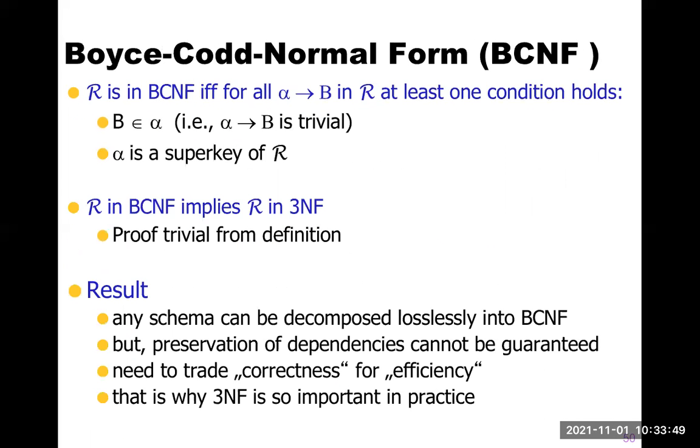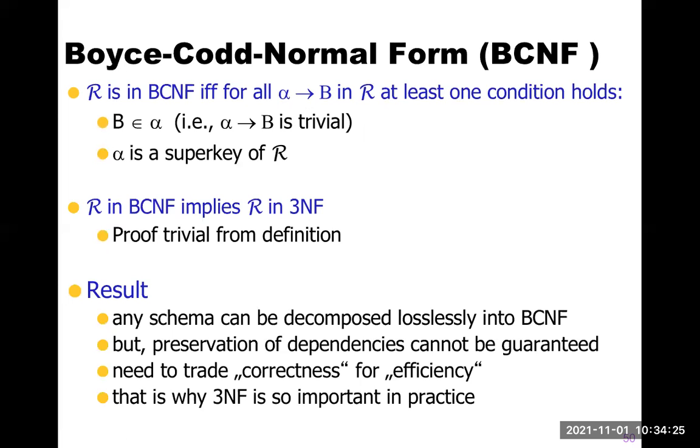So in any case, any table that's in BCNF is automatically in third normal form. It's just a harder condition, where one condition is removed from the list. Everything that doesn't violate these two conditions automatically doesn't violate the conditions of third normal form, and more.